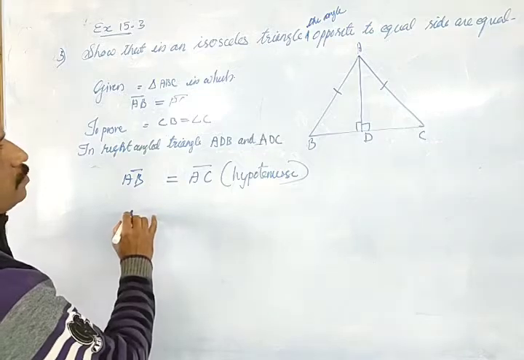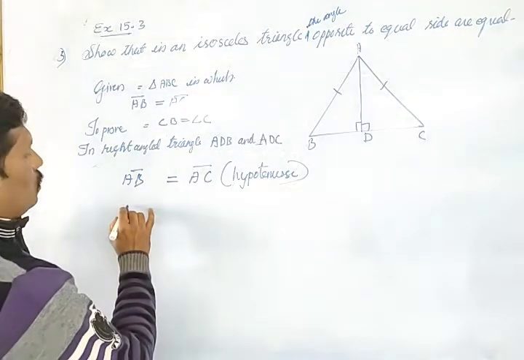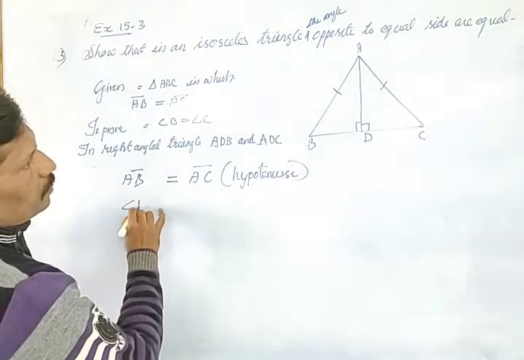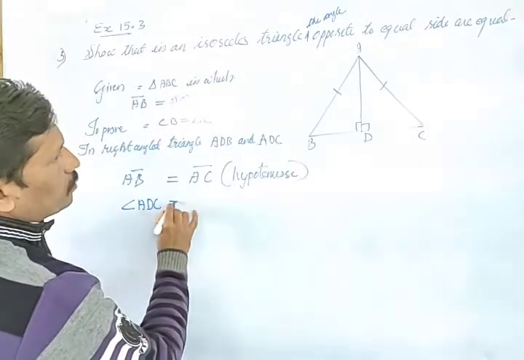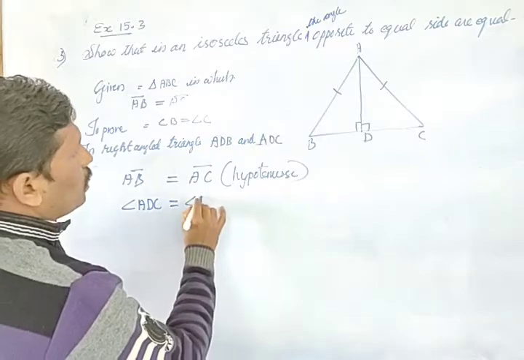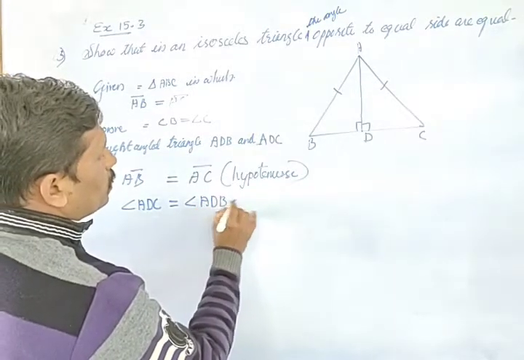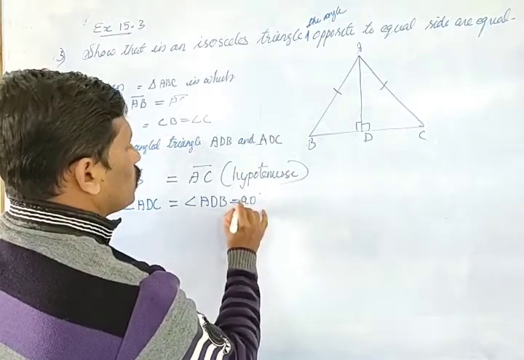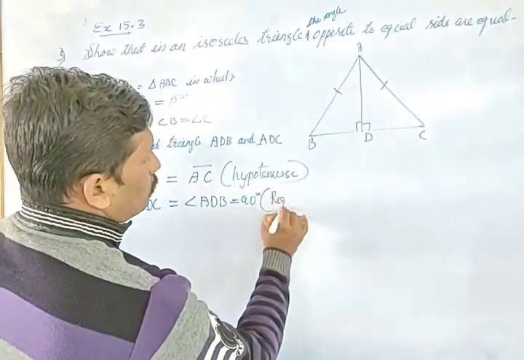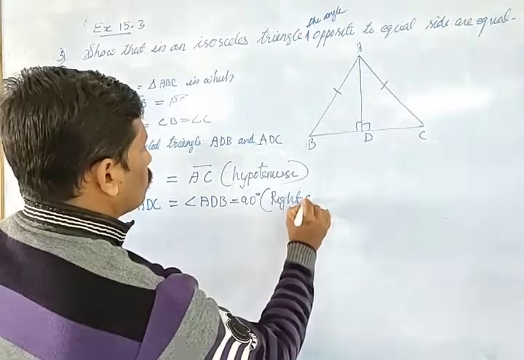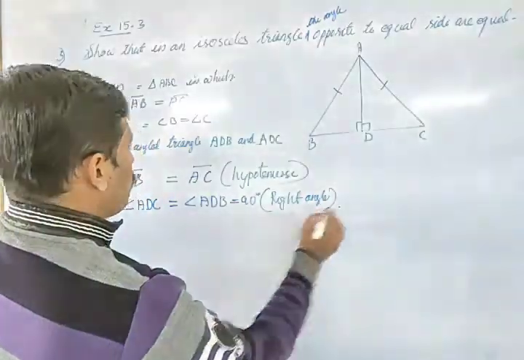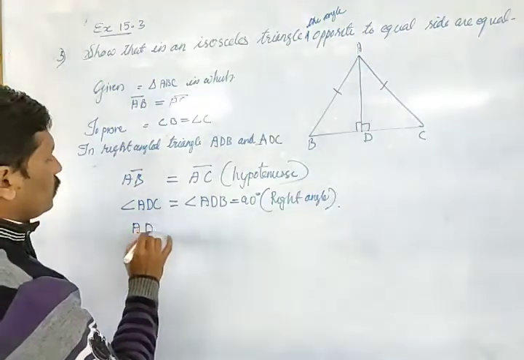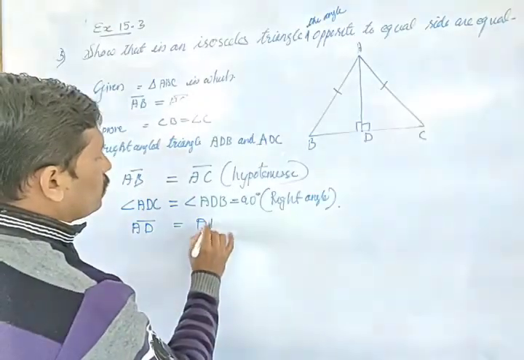And angle ADC is equal to angle ADB, 90 degree. Is equal to 90 degree, that is right angle. And side AD is equal to side AD.